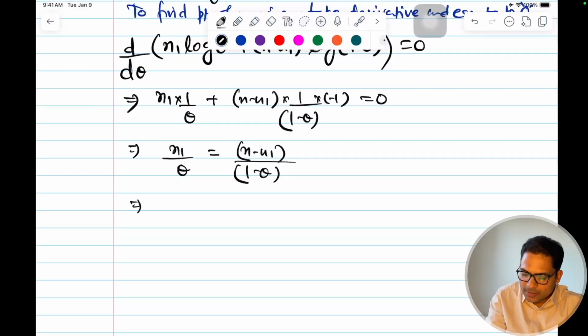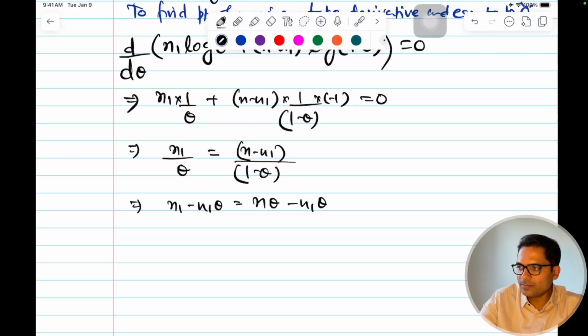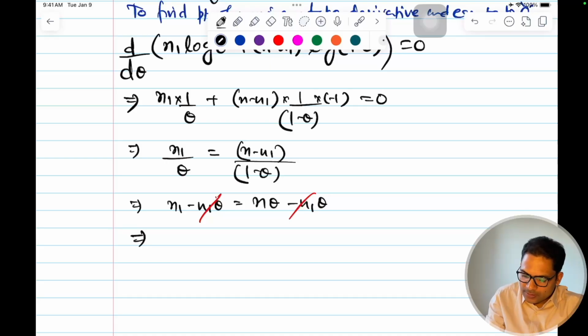This implies cross multiply: n1 minus n1 theta is equal to n theta minus n1 theta. Okay, so n1 theta is the same on both sides, cancel it out.